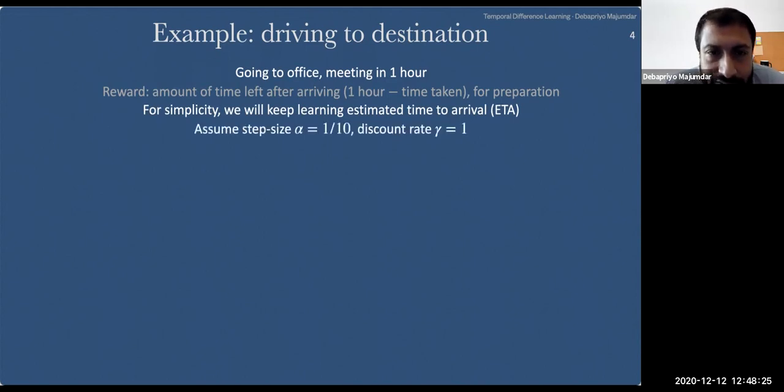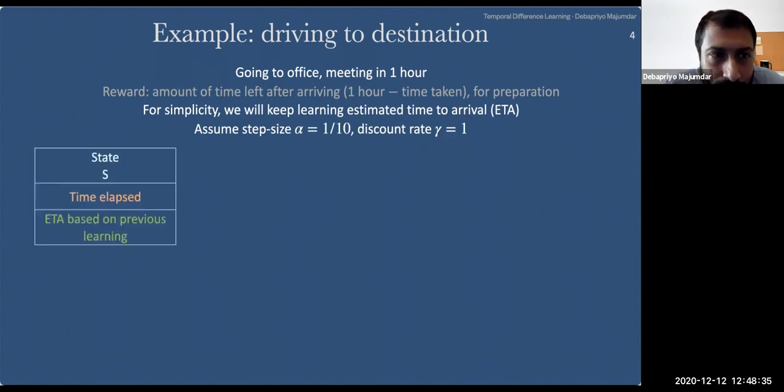Assume we have a step size alpha equal to 1/10 and discount rate gamma equal to 1. That means there is no discounting, but alpha equals 1/10. So let's see what happens. There is a state S, the time elapsed so far, and the expected time of arrival based on previous learning.